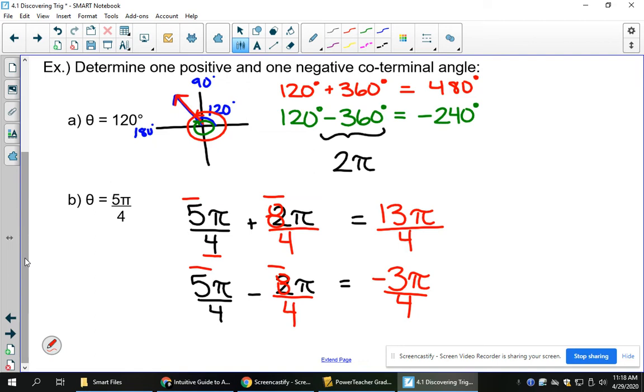Now, a lot of people who struggle with a lot of these background skills in Math 30-1 will convert anything in radians to degrees, work with degrees, and then convert back to radians. It shows a weaker skill set, but it is a possibility if you're really struggling to use some of these skills, or if you know that you never really mastered some of these fraction skills, it is a backup plan.